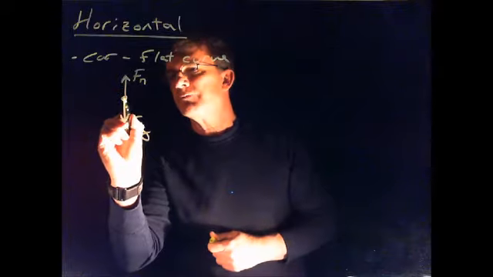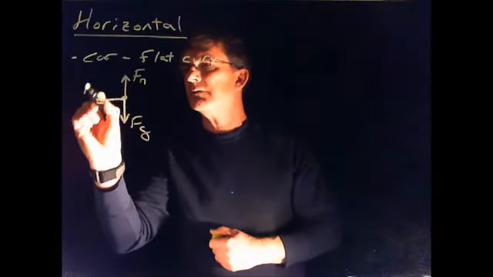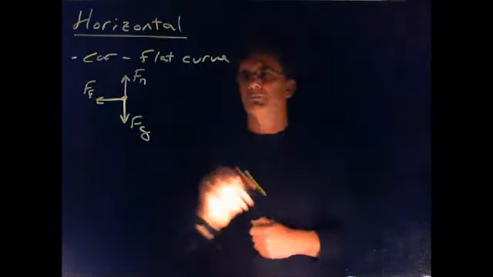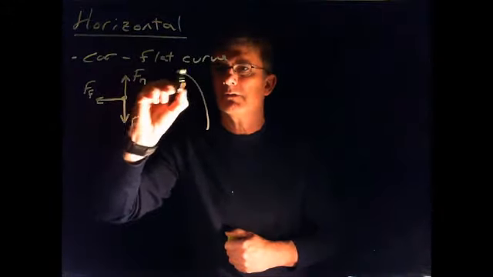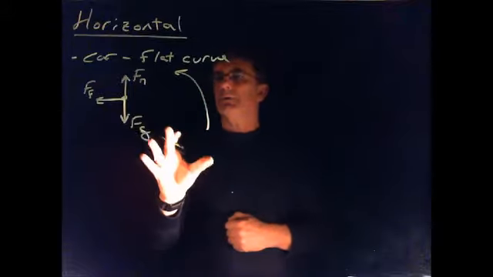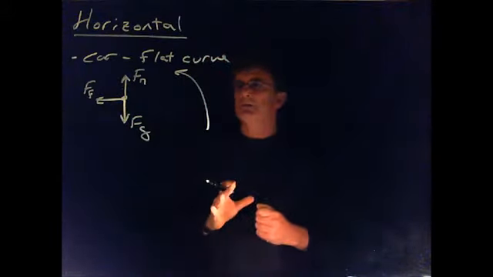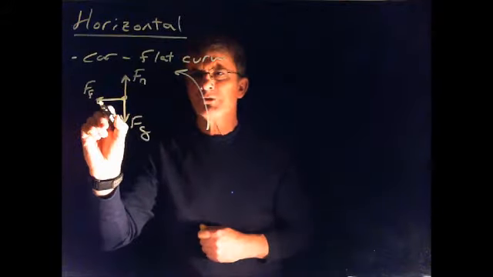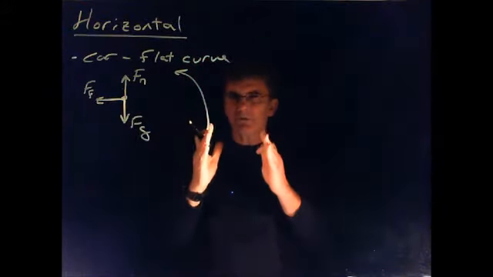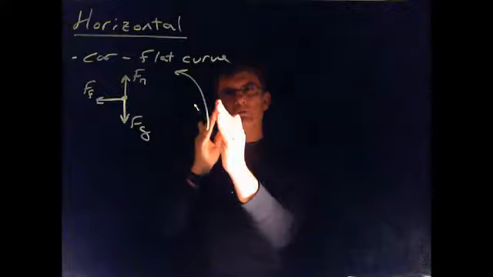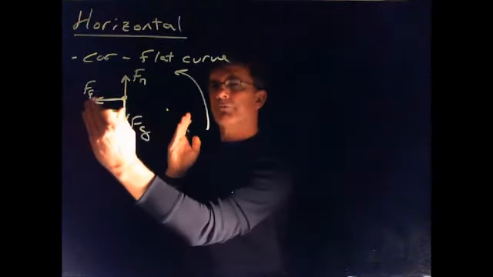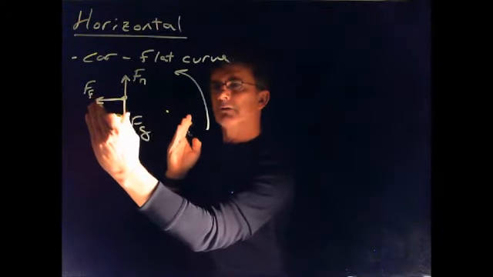Let's say the frictional force is pointing that direction, which means the car would be going like that. Since we're looking from behind the car, it's moving forward but going off toward that direction.